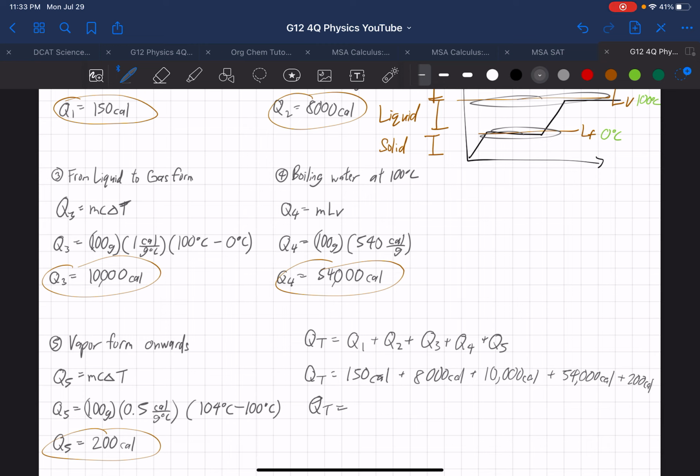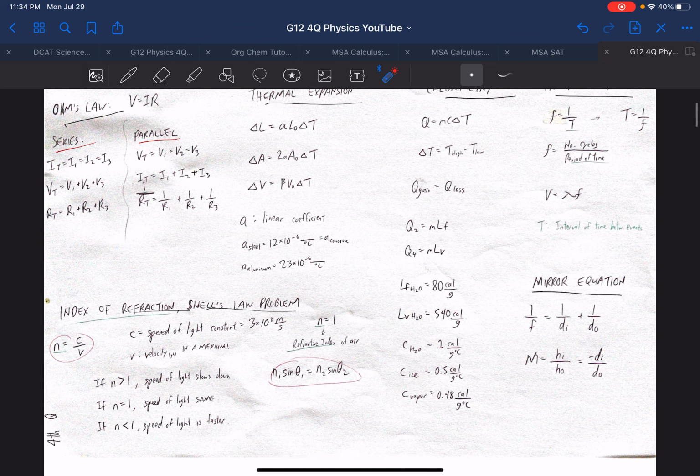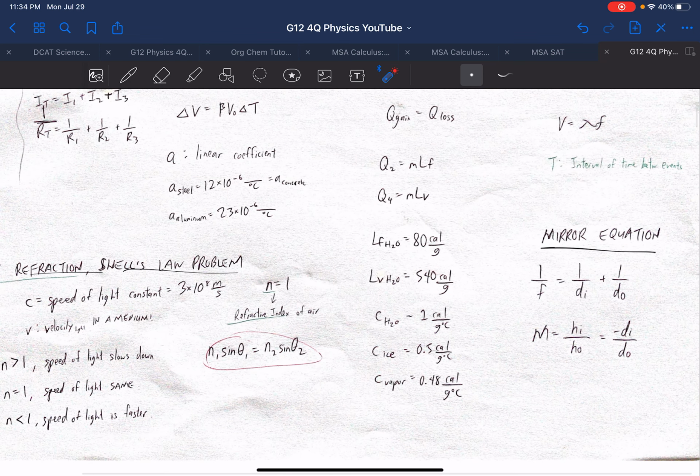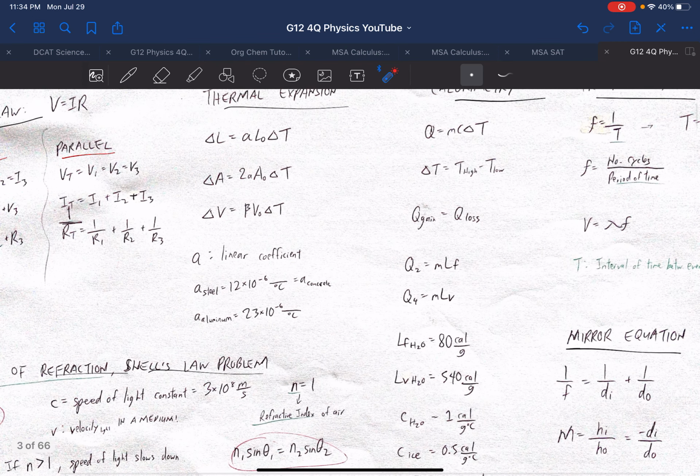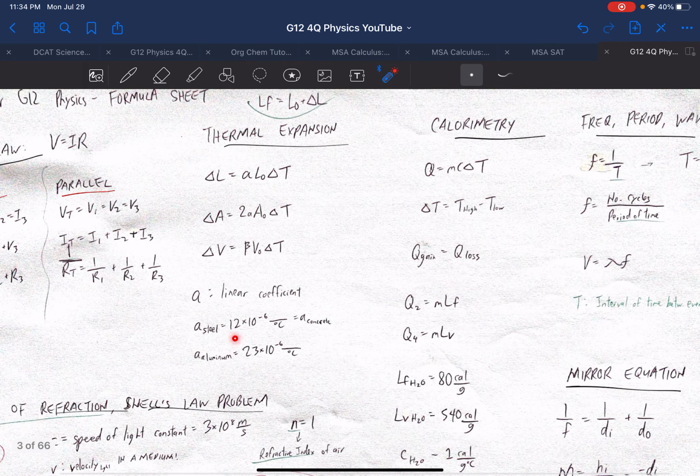Like I said, everything here is important. The 80, the 540, for the LF and LV respectively, as well as the specific heat values, you have to know them. Linear coefficient values as well, and the thermal expansion equations, especially this change in length.